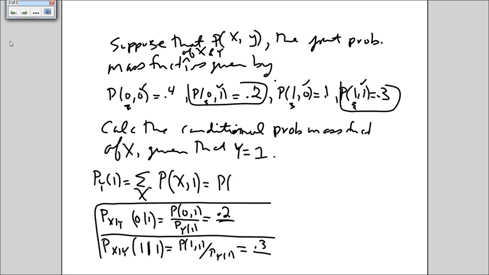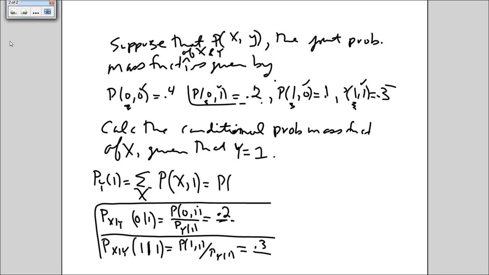So it's P of 0,1 plus P of 1,1, which is 0.2 plus 0.3. When you add these, you get 0.5.